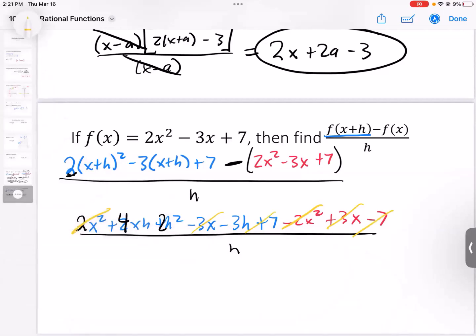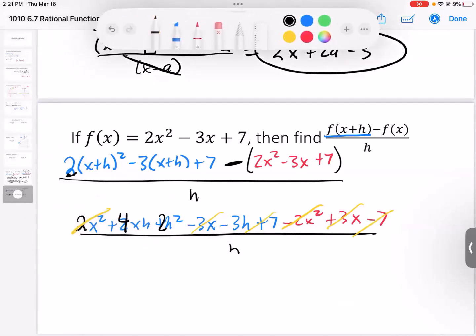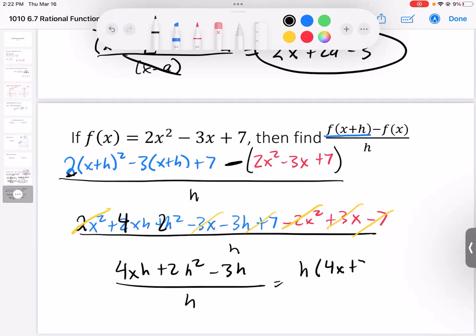What you're left with is 4xh plus 2h squared minus 3h, all over h. Well, all of those have an h in common, so you could factor out the h, and that leaves you with h times (4x plus 2h minus 3) divided by h. The h's would cancel out, and your final most simplified answer would be 4x plus 2h minus 3.